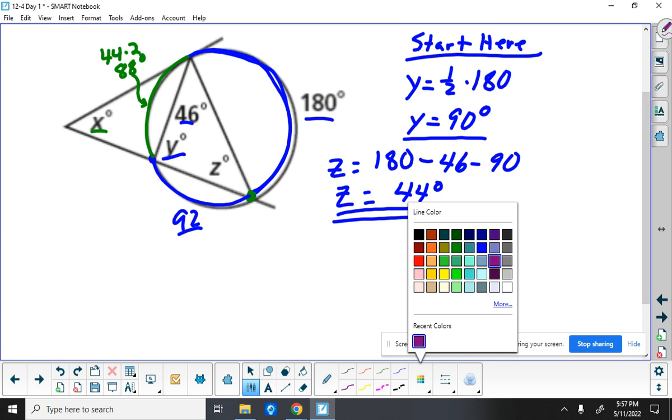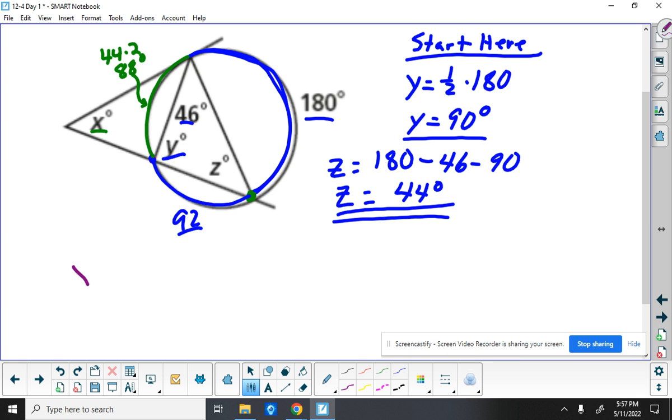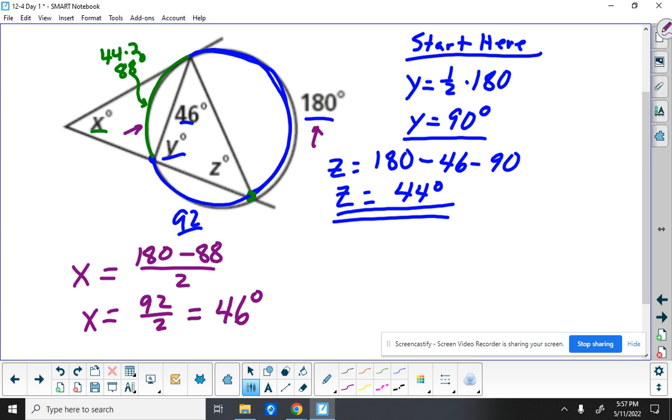Now I'm going to finish off. x is going to equal, I take the 180, it's right here, minus the 88, that arc, divide that by 2. 180 minus 88 is 92, divided by 2, and it gives me an x value of 46 degrees.